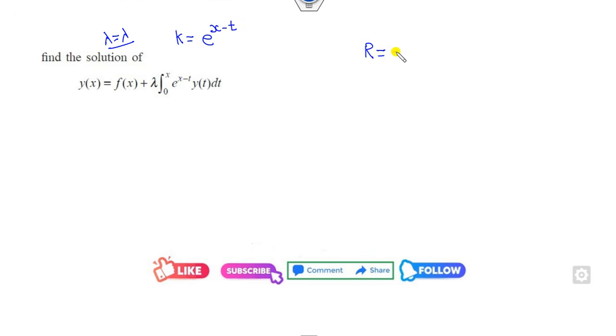So what is the resolvent kernel? Lambda is my here and of this. Make always sure it is in the form of x minus t. So this is 1 plus lambda times x minus t.